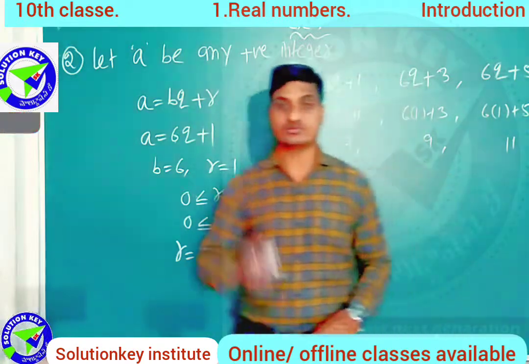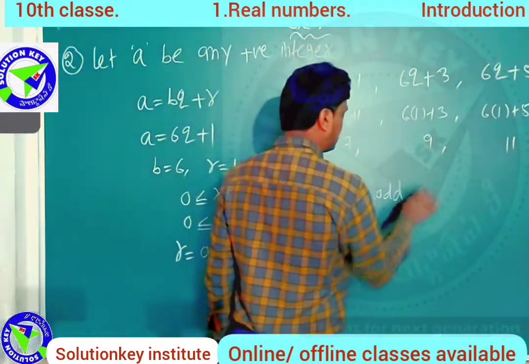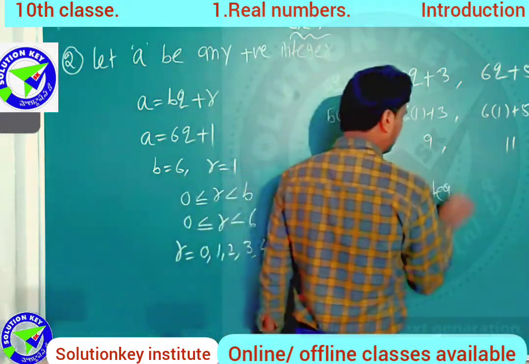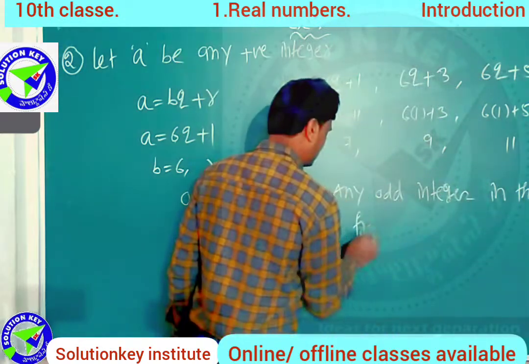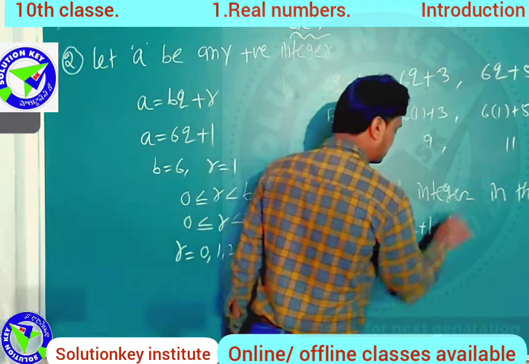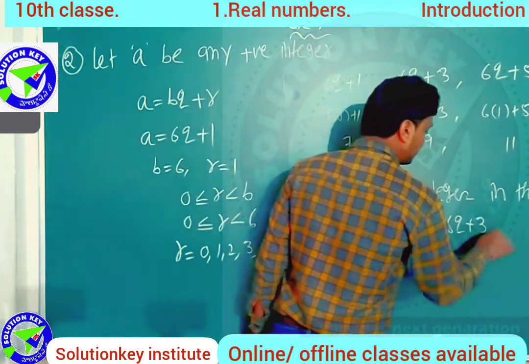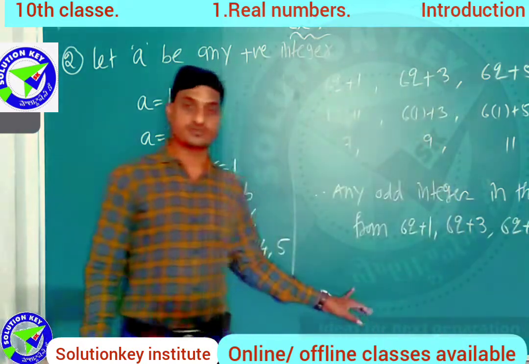Always you get odd positive integers only. Odd integers are in the form of 6q plus 1, 6q plus 3 and 6q plus 5. This is the condition. Are you clear?